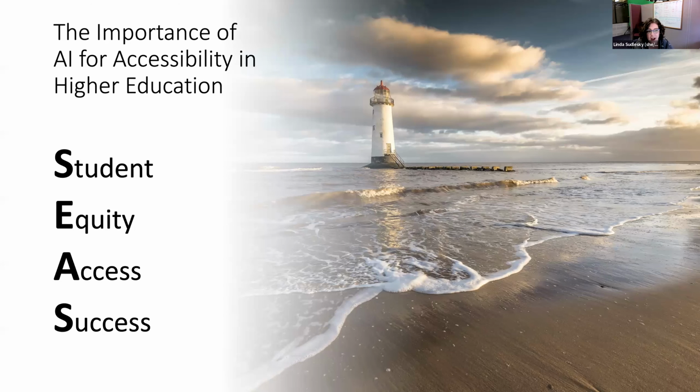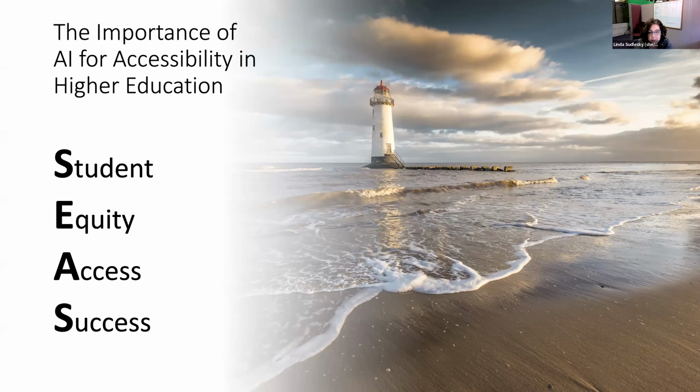So the importance of AI for accessibility in higher education, I think, is coined very well by UMass Boston's effort of student equity, access, and success. We all know that our purpose at UMass is to foster student success. One step in doing that is ensuring that there's equity in digital materials that we produce and that everyone can access them, regardless of the tools that they are using.